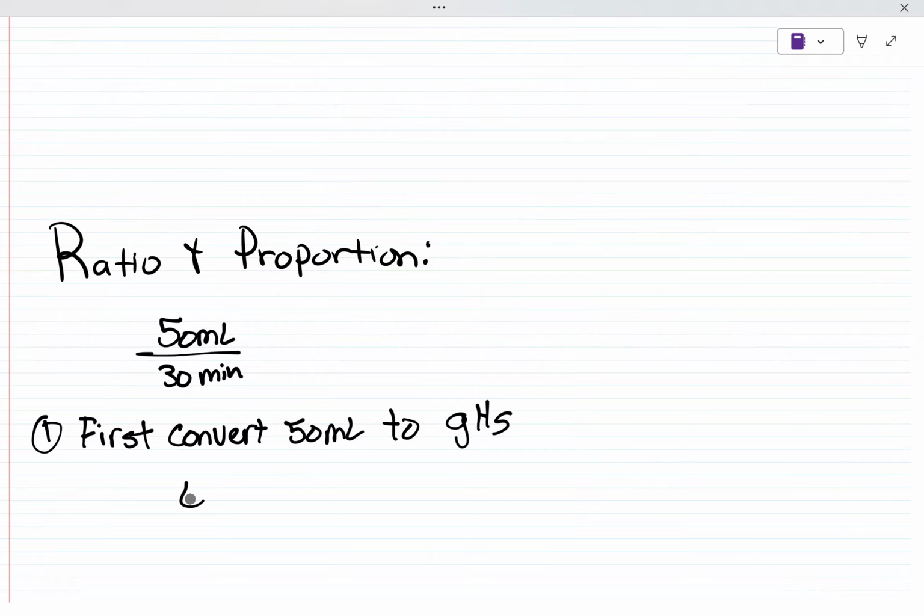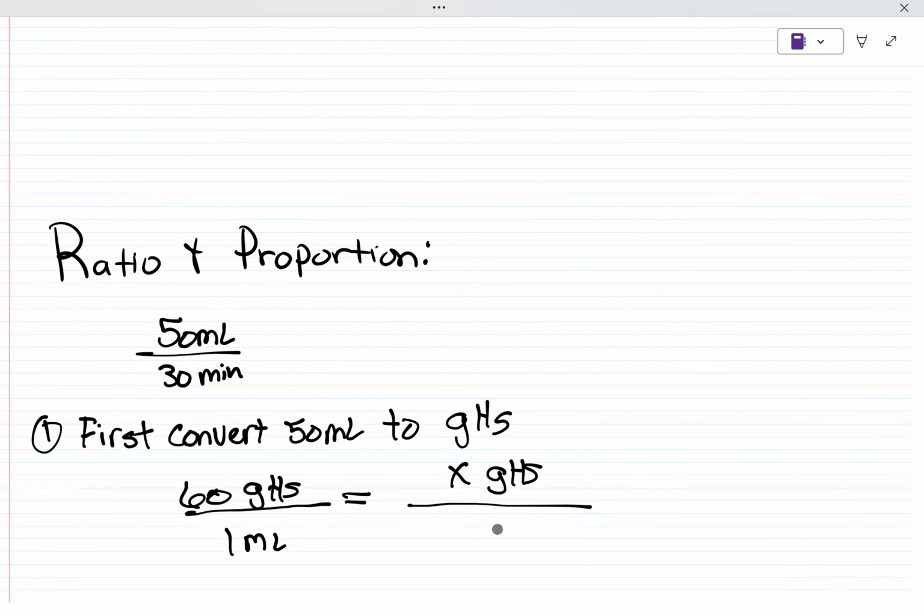We know that 60 drops for 1 milliliter, that's for a micro drip. And we want to know how many drops, so that's our unknown x, for 50 milliliters.